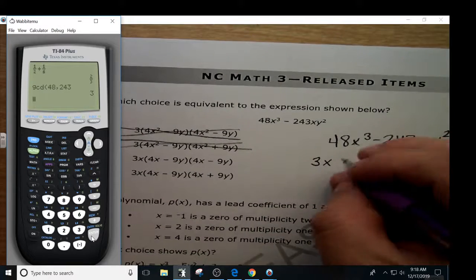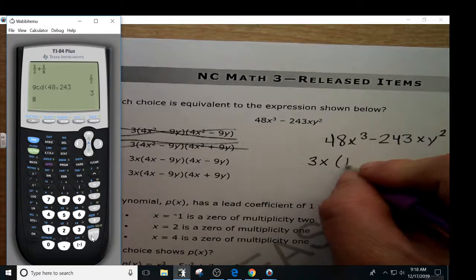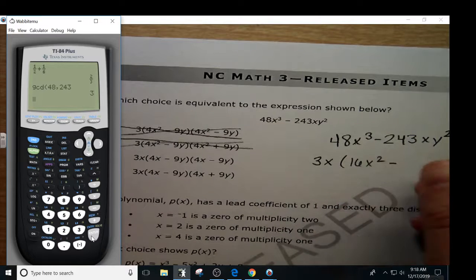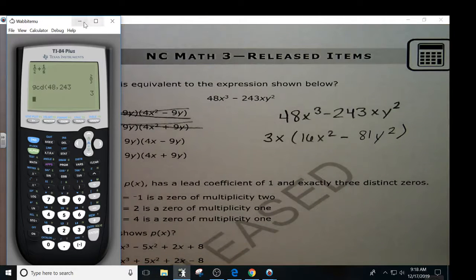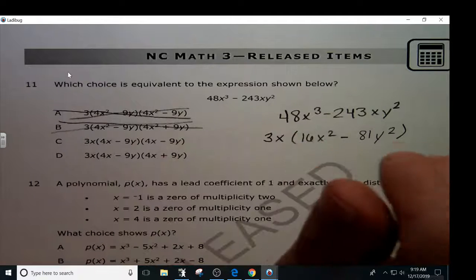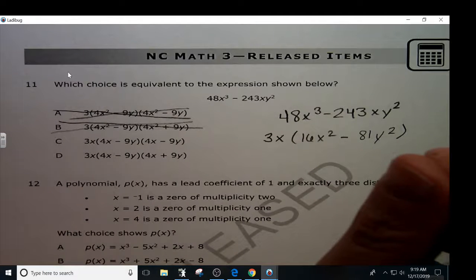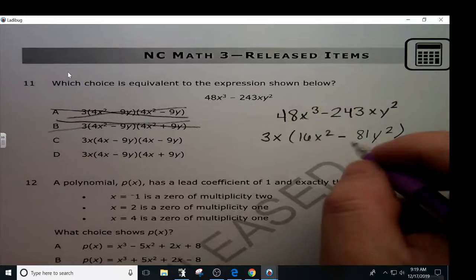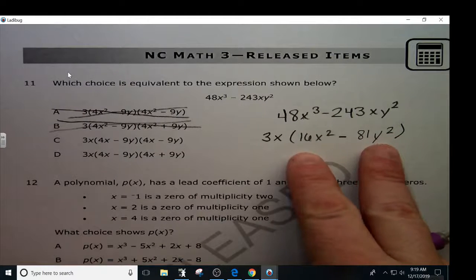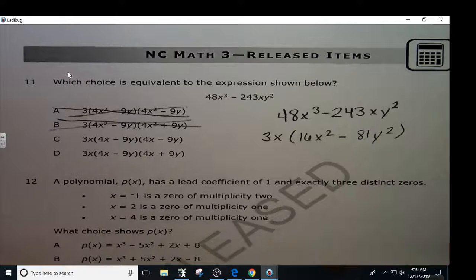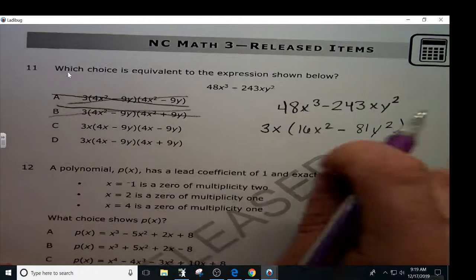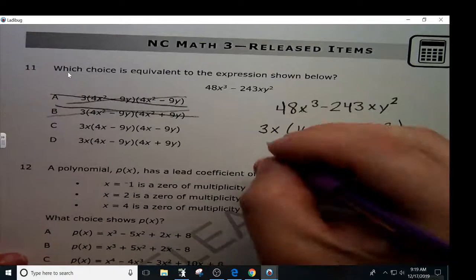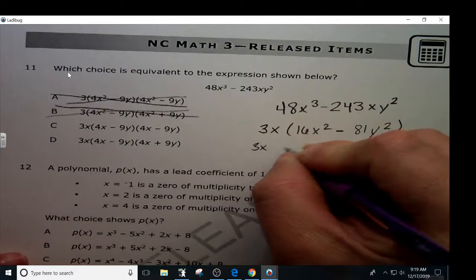Now, if I factor that, that's going to be 16x squared minus 81y squared. Now, guys, going back to math 1, this is a difference of squares. Is 16 a perfect square? It is. Is 81 a perfect square? It is. Is y and x squared a perfect square? It is. So here's what you're going to do. 3x.